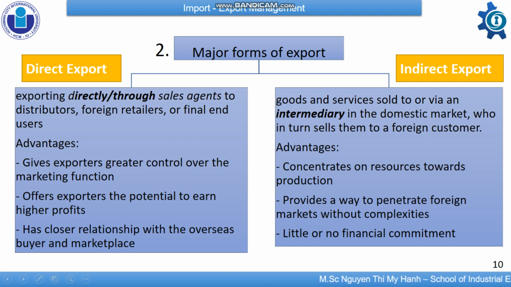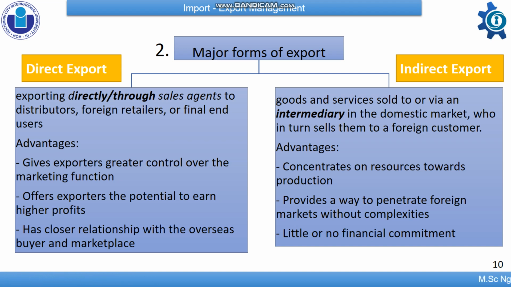Okay, we just went through the first part, and let's go to the second important part, that is the major types of export. We have two main types of export. The first one is direct export and the second is indirect export. Direct export is when we directly export our products to distributors, foreign retailers, or the final end user, I mean the customer overseas.